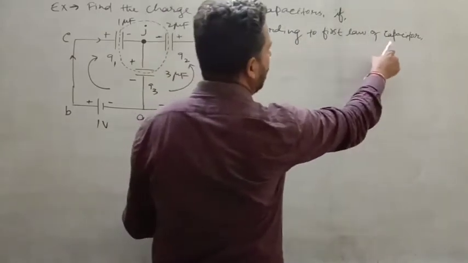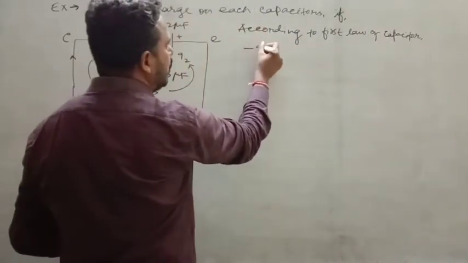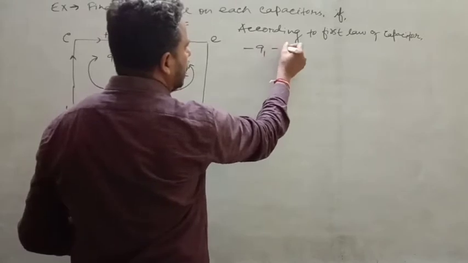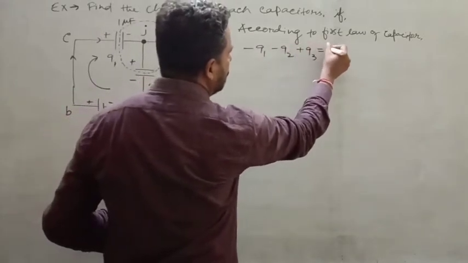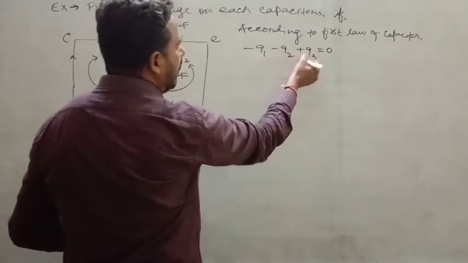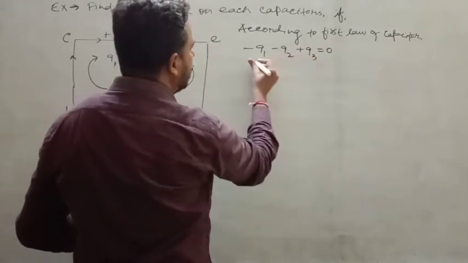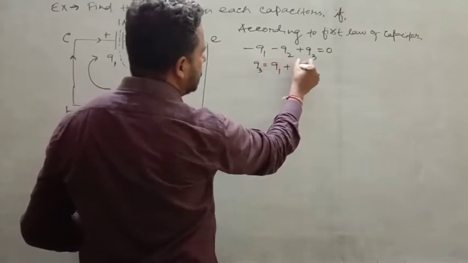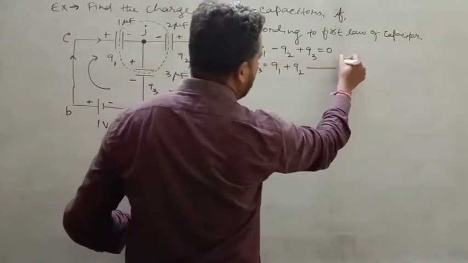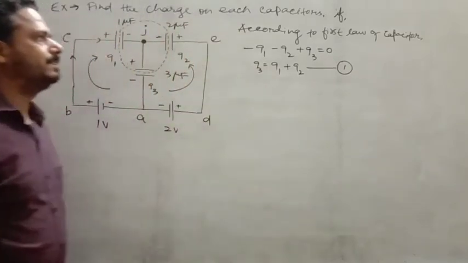According to the first law of capacitor, minus Q1 minus Q2 plus Q3 is equal to 0. Simplifying, Q3 is equal to Q1 plus Q2, and this is your equation 1.